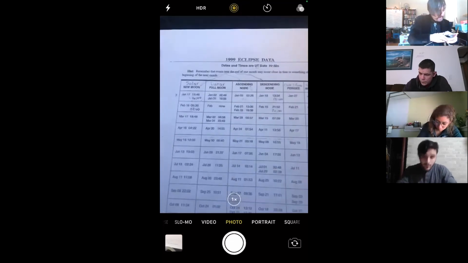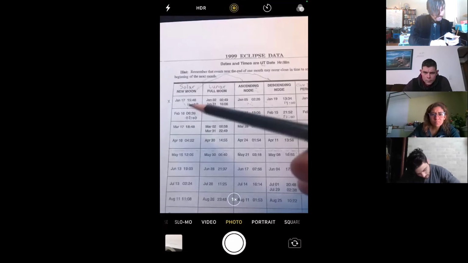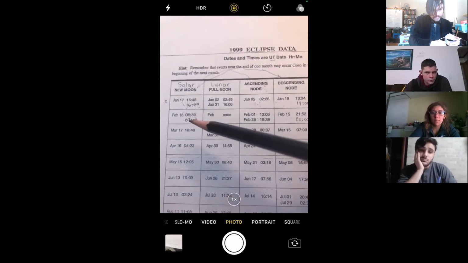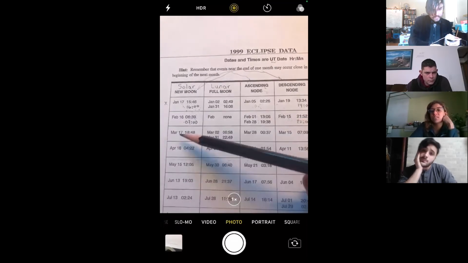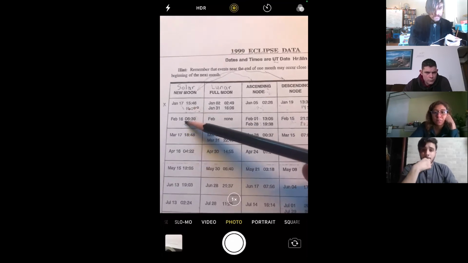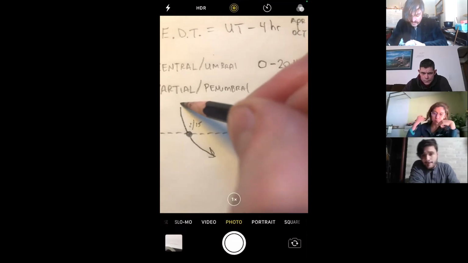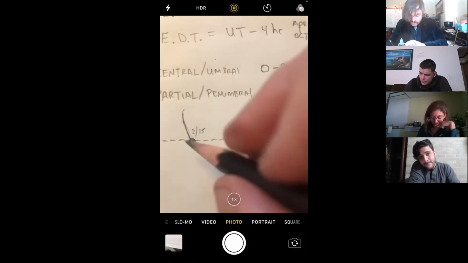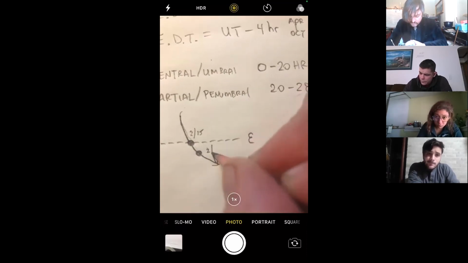Did the eclipse happen before or after the node? After. Why after, Jenna? Just because it says February 16th. That's right. We have to look at the date first. Feb 16th is after. So the moon was heading down through the ecliptic plane. You had the node first, and then the moon alignment happened on the 16th.